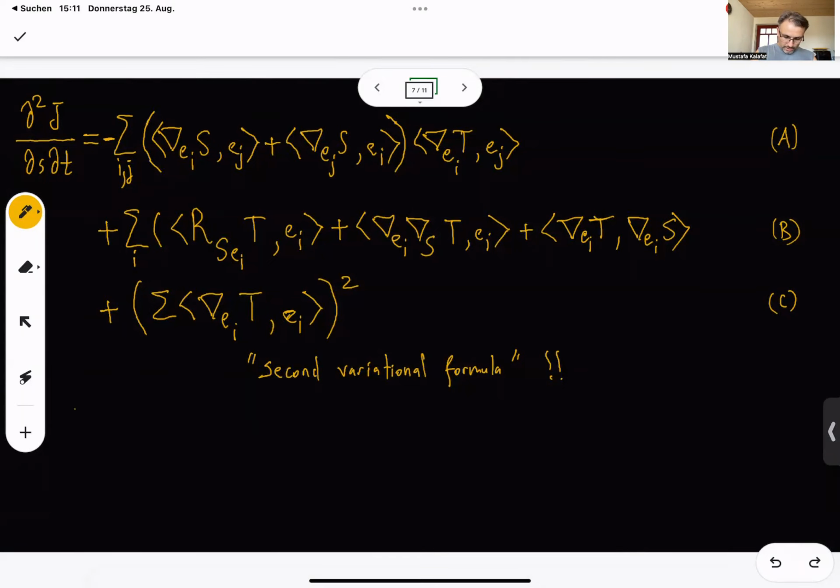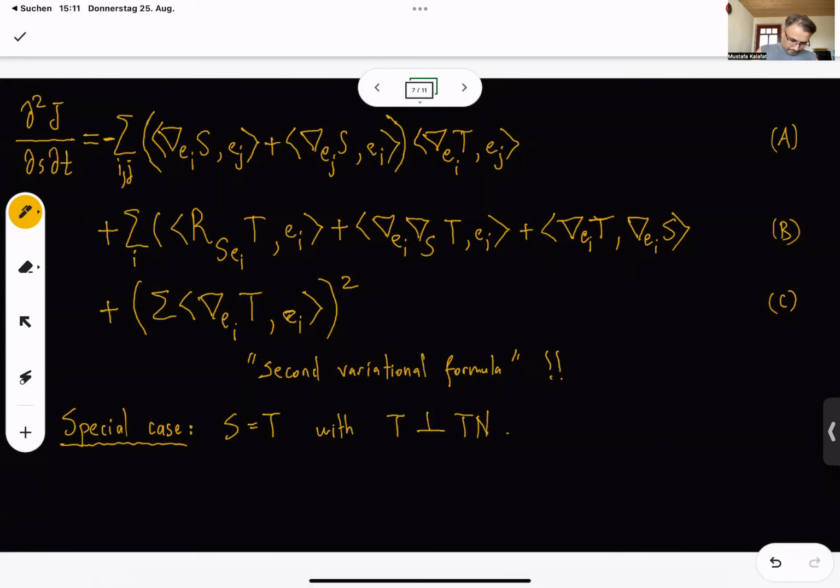For example, a special case here. We're going to talk about this one as well in detail. S, you can take the second variation to be the first one as well. So S equals T, so that also you can look at the normal variations only. That's going to give us the second derivative of the minimal area actually.